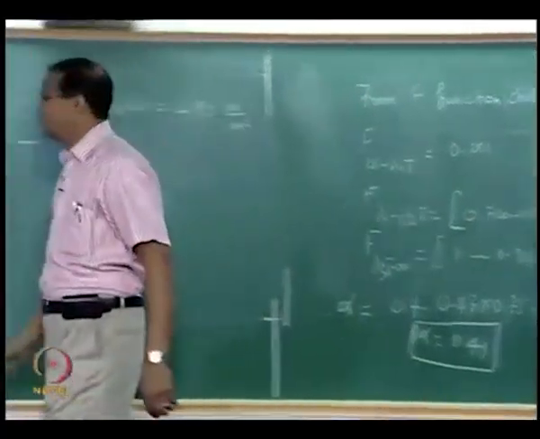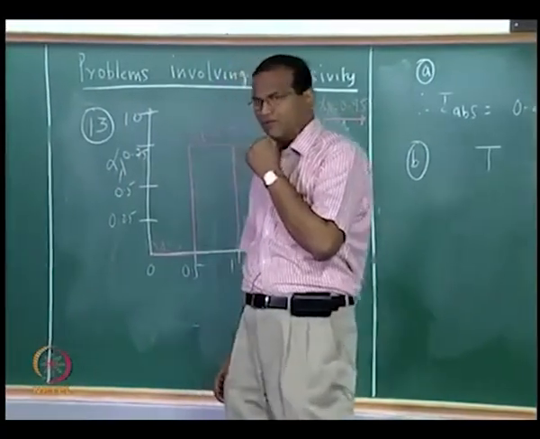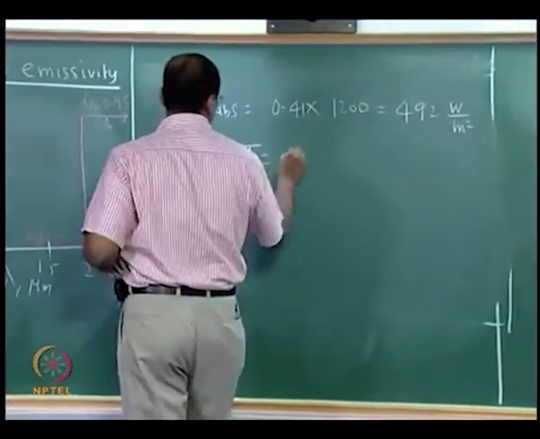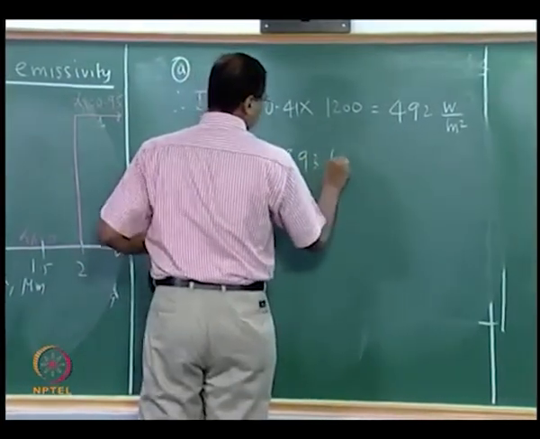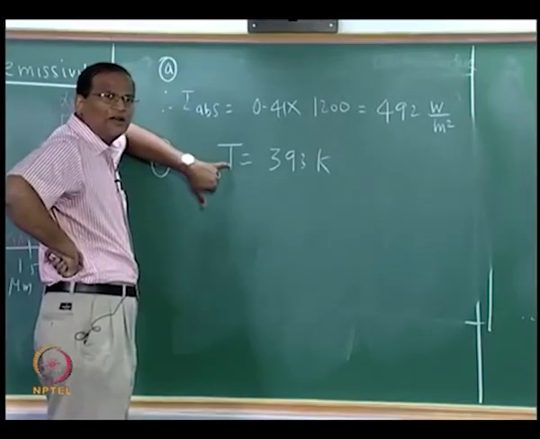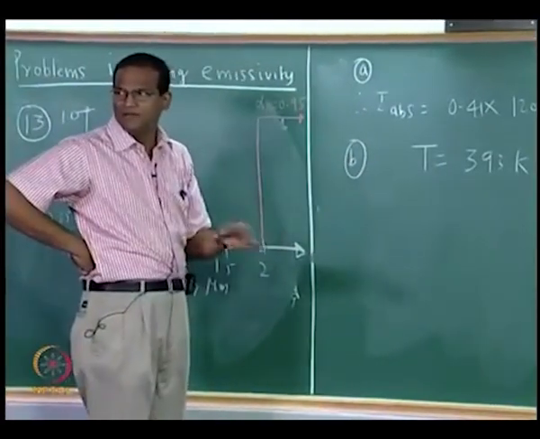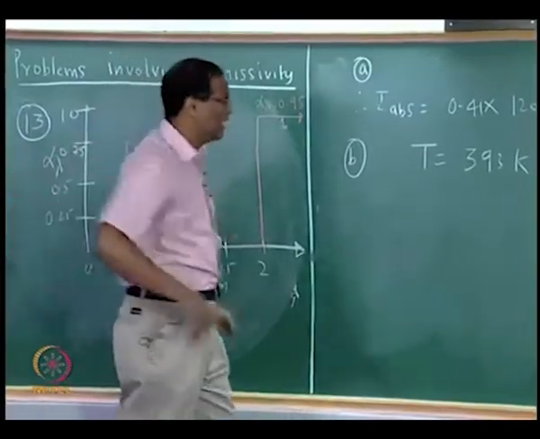Now this T, what did I say, 120 degrees centigrade, 393 Kelvin. If somebody does not like T, you can put TW, temperature of wall, or temperature of surface, Ts, whichever way. I will just use T. Okay, lambda 1 T.